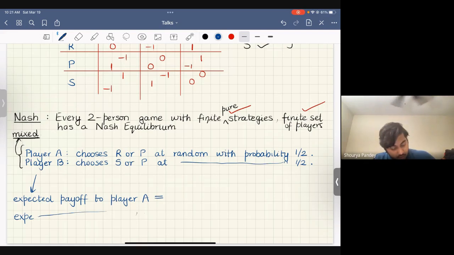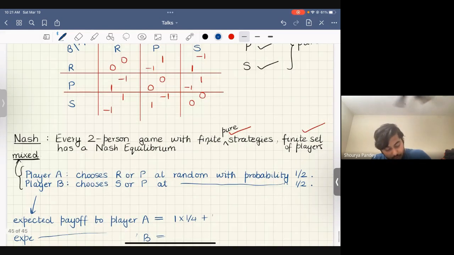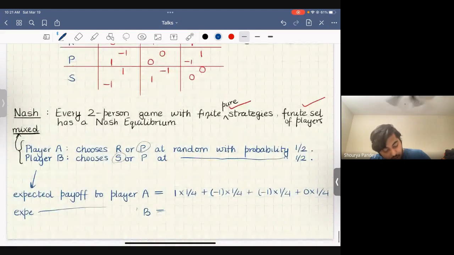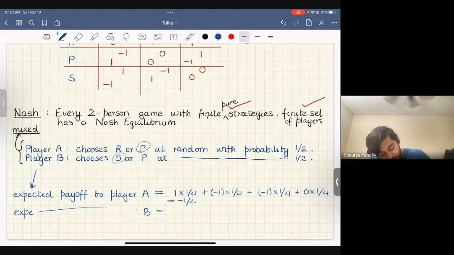Okay, yes, 1. And that happens with probability 1/4. And what if player A gets rock and player B gets paper? Then it's -1, right? So -1 times 1/4. If player A gets paper and player B gets scissors, then it's another -1. And if both get paper, then it's 0. And so the expected payoff is -1/4.